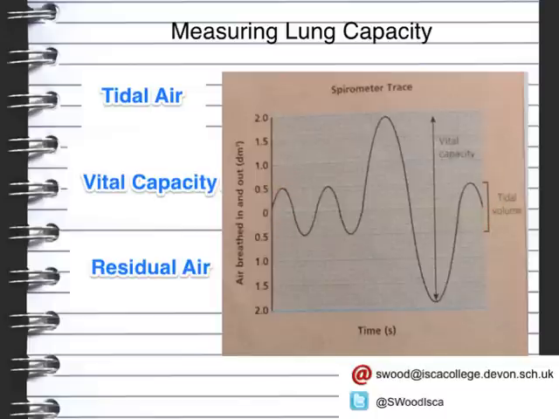So it's that amount there. We then have the vital capacity, which is the maximum in and out. Any of you that are asthmatic have probably done one of those as a test. And then we have the residual air, which always remains in the lungs.